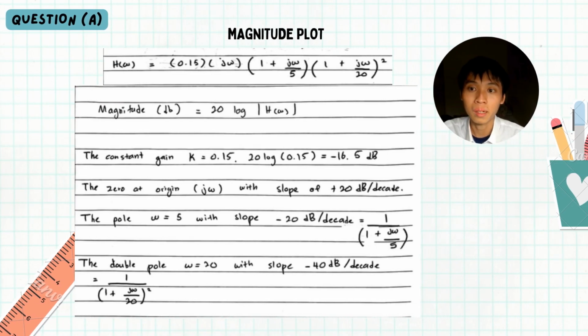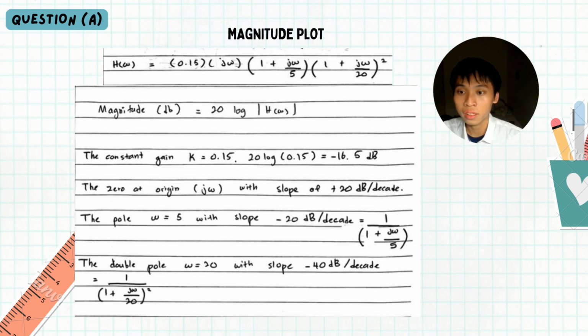Now I want to explain the magnitude plot. H(omega) is equal to 0.15 j omega over (1 plus j omega divided by 5) times (1 plus j omega divided by 20) squared. Magnitude in dB is equal to 20 log |H(omega)|. The constant gain is K equals 0.15, and using the calculator, 0.15 is equal to negative 16.5 dB.